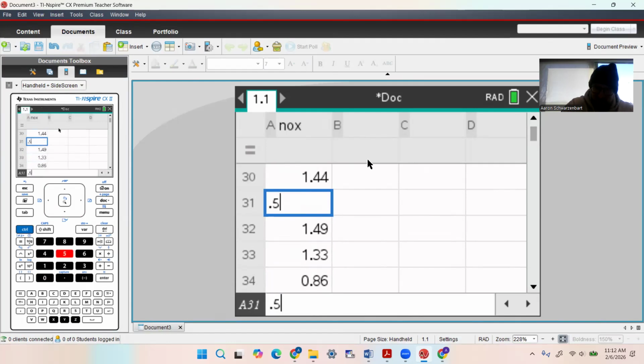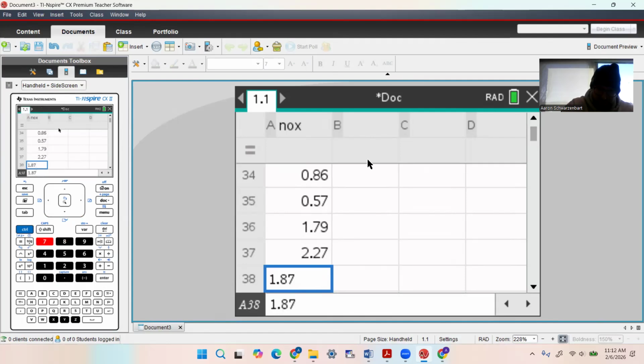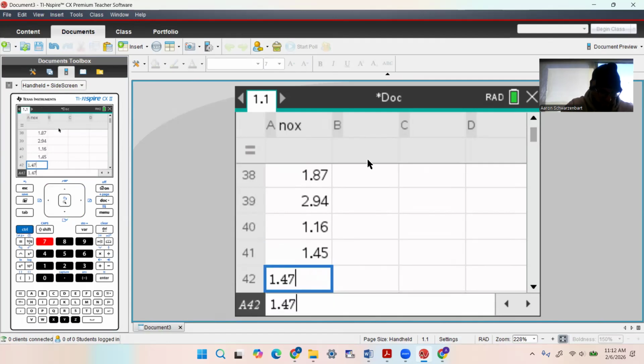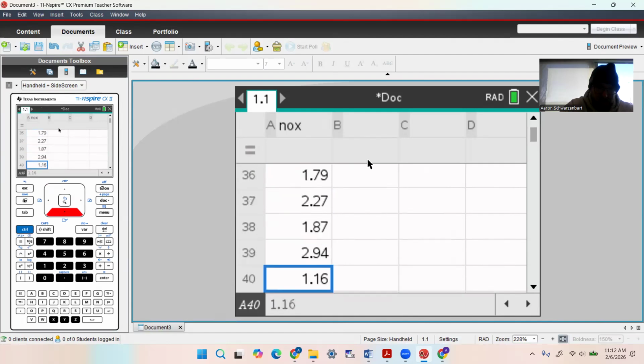Doesn't guarantee you get them all right, but it's a helpful checkpoint. 0.051 is definitely not right. Oops. I'm one short. I missed one. 0.94.